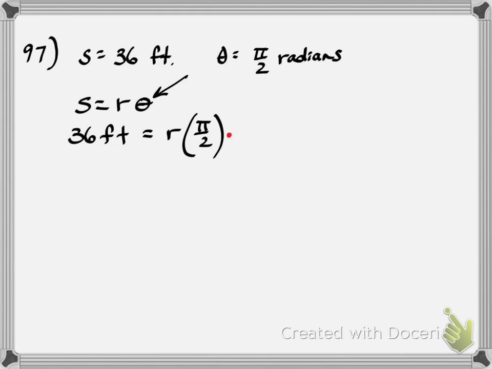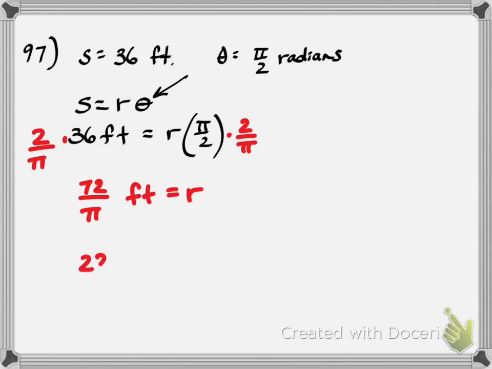I'm going to multiply both sides by 2 over pi to clear it on this side. And so that gives me 72 over pi feet to be the radius. So 72 divided by pi is approximately 22.9 for the radius.